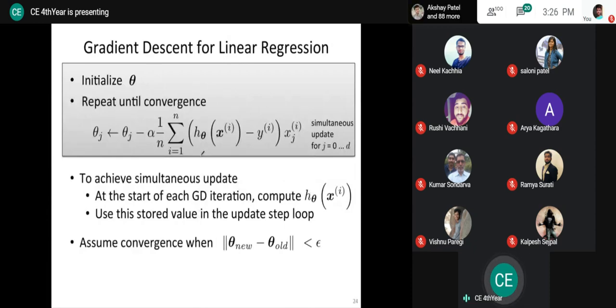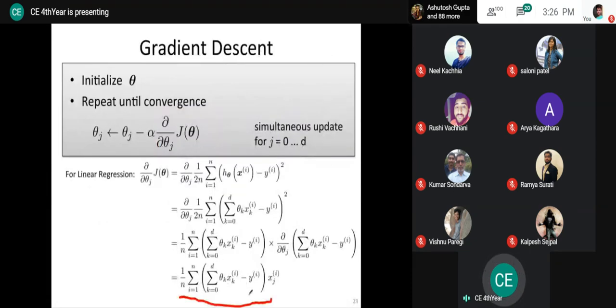So right now what I have done is replaced this partial derivative term by the previous result. If you check this particular result, I have replaced the partial derivative with it. So in this equation, I have just put this value.